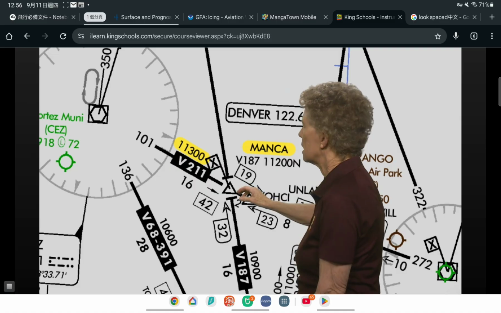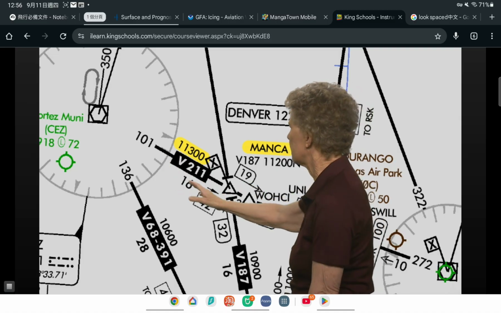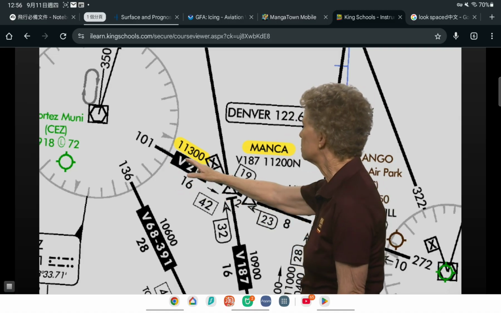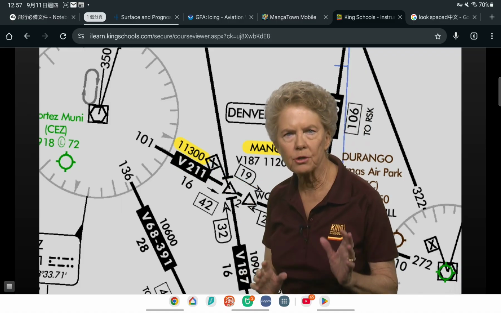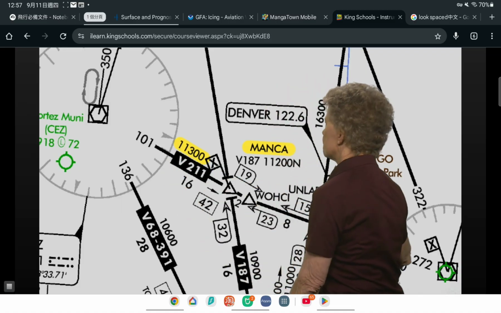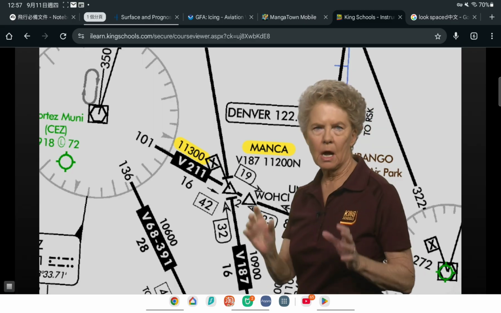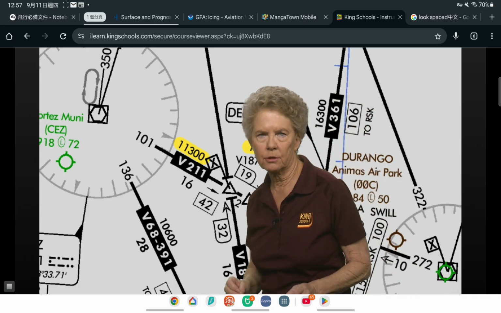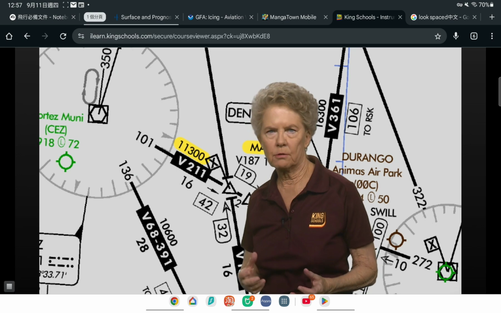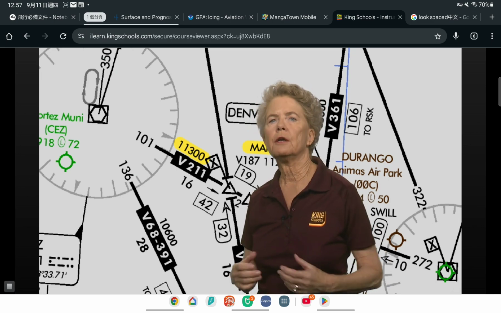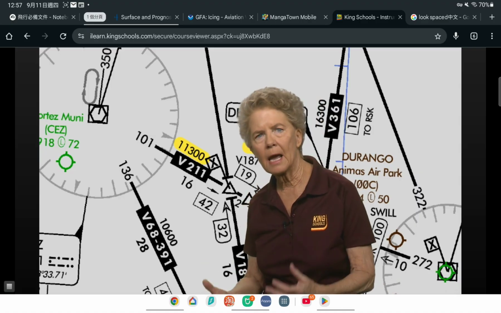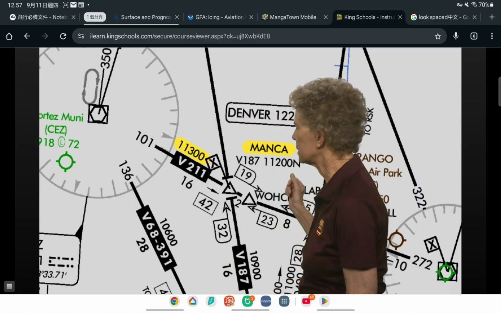And the minimum en route altitude on Victor 211 has gone down to 11,300 feet, and that altitude applies all the way into the Durango VOR. So the highest minimum en route altitude on the entire route of flight is the 15,000 feet MSL that you found before and after Herm intersection.